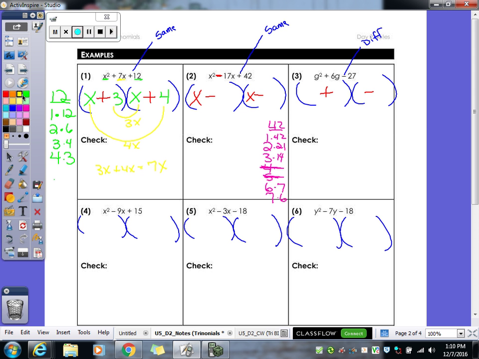If you don't have your list, then it's harder to do. So I'm going to put 3 here and 14 here. And I only need to check my middle term, so I'm going to do that little smile, big smile. Negative 3 times x is negative 3x. Negative 14 times x is negative 14x. Combine those, and I'm going to get a negative 17x in my middle, and that's what I have up there, so I know it's right.